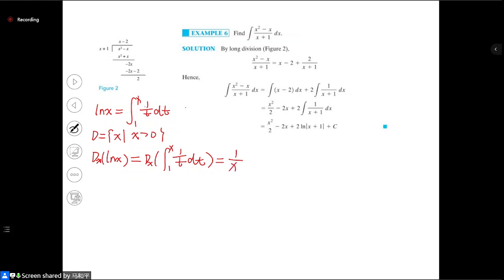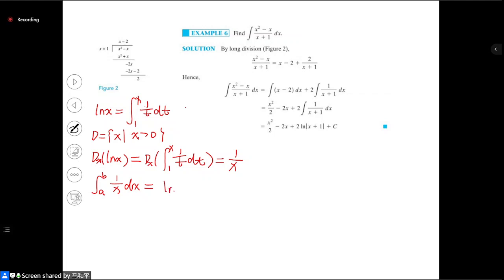And we also learned, if A and B are both positive, the integral of 1 over x dx, by the second fundamental theorem, we can find an antiderivative of 1 over x.